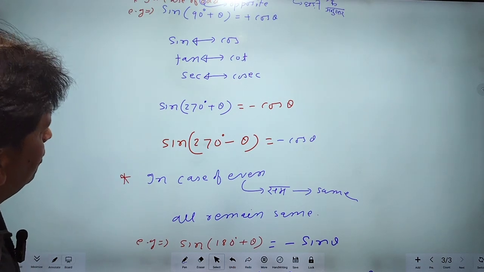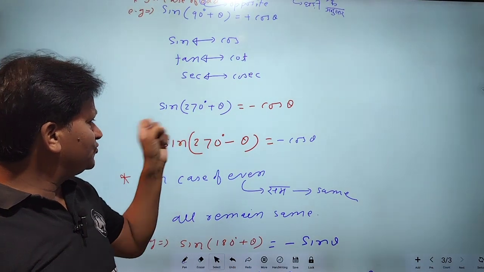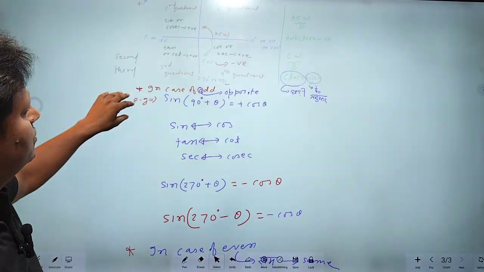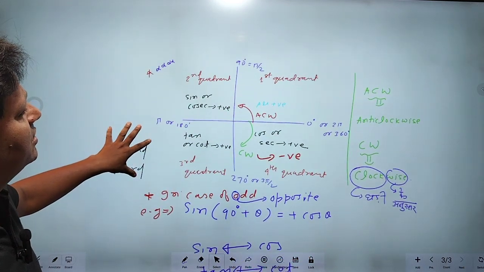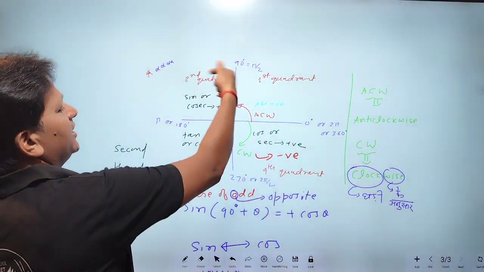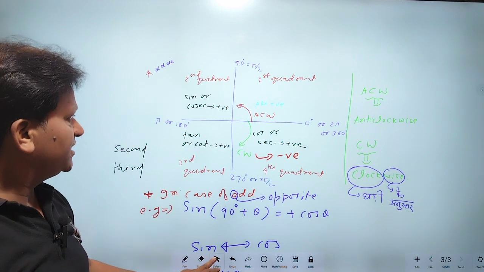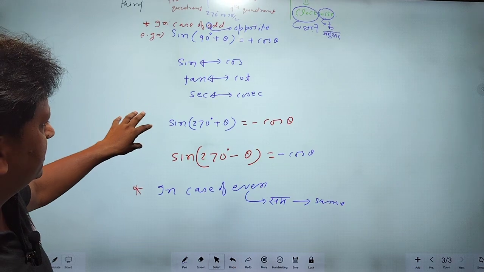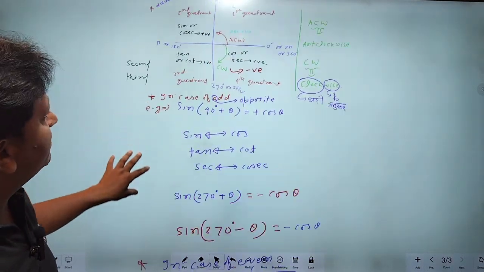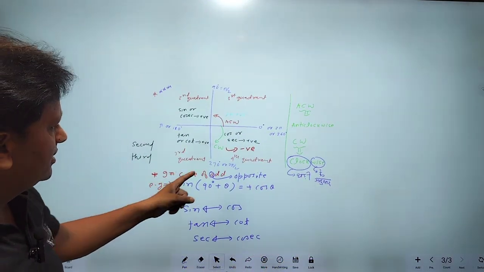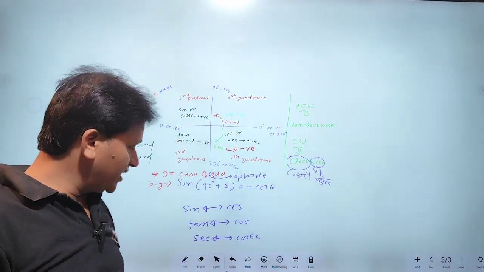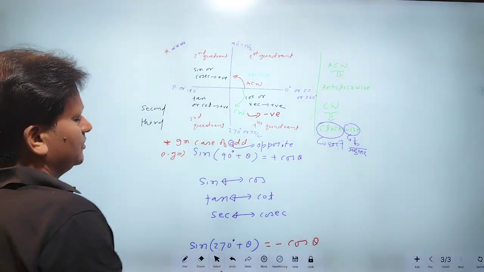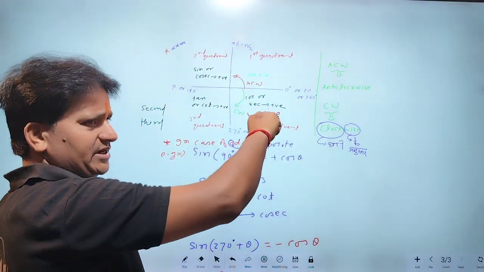In case of odd, sine 270 degree plus theta. Plus means you should move in anti-clockwise direction. Where is 270 degree? Here is 270 degree. You should move from here in anti-clockwise direction.